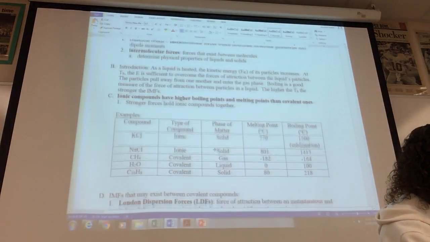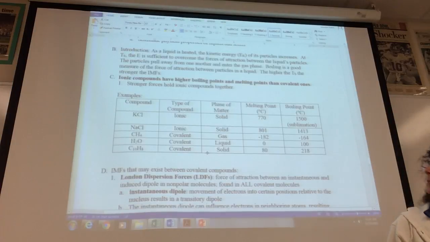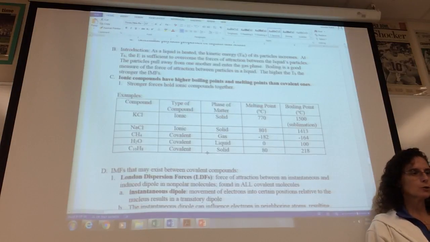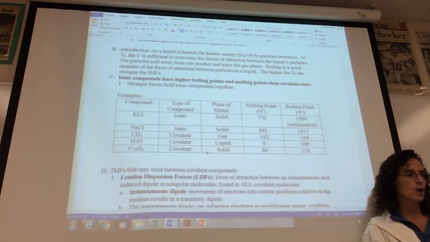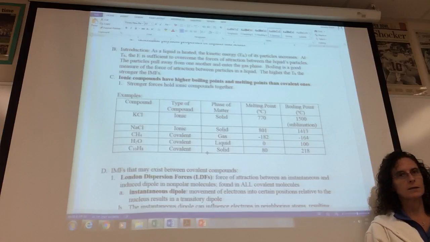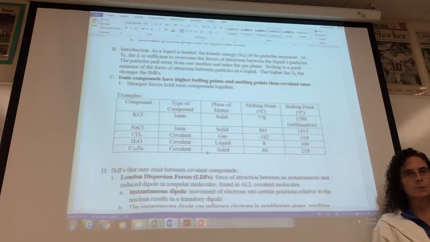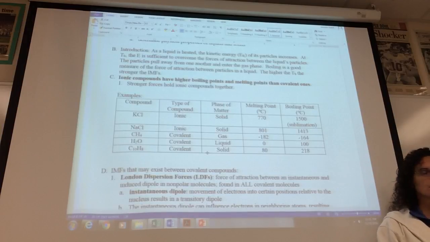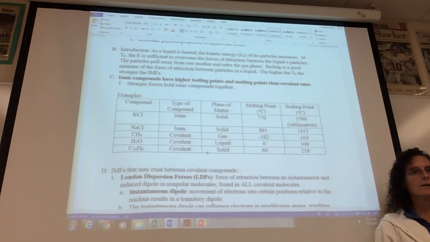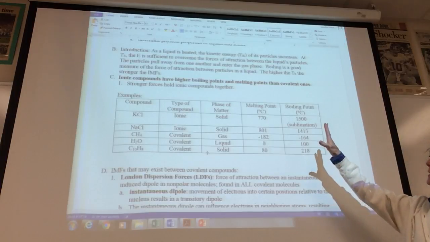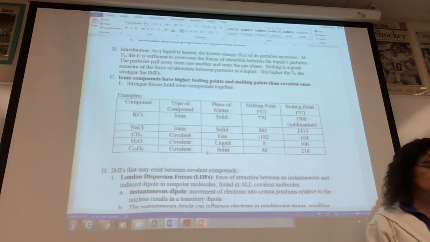Where these intermolecular forces become important is when you're trying to understand properties of liquids and solids. You're trying to understand why certain substances melt at low temperatures versus high ones, why certain substances boil at low temperatures versus high ones.